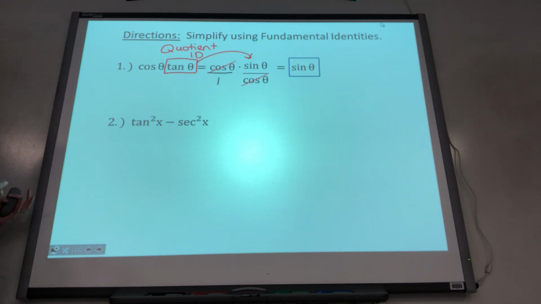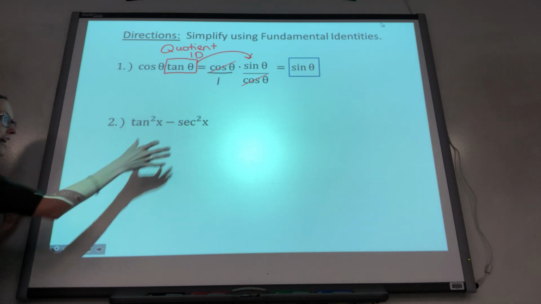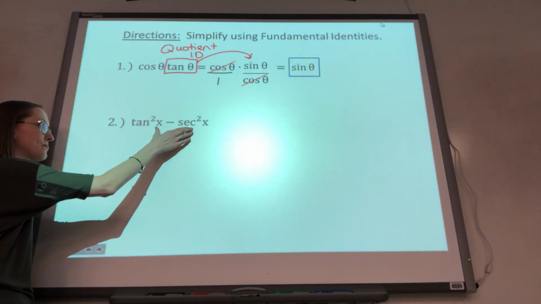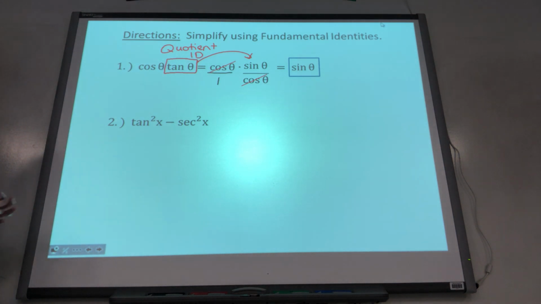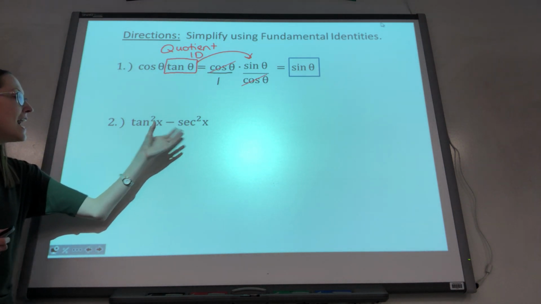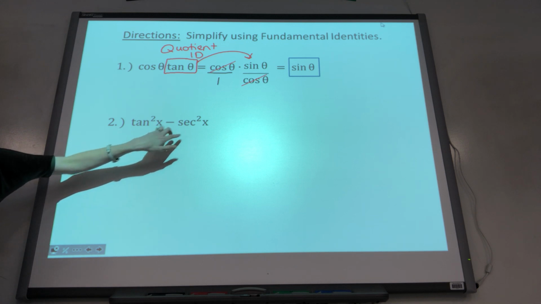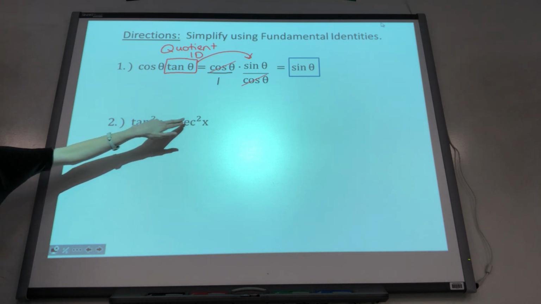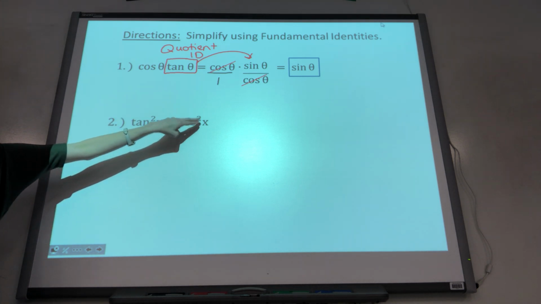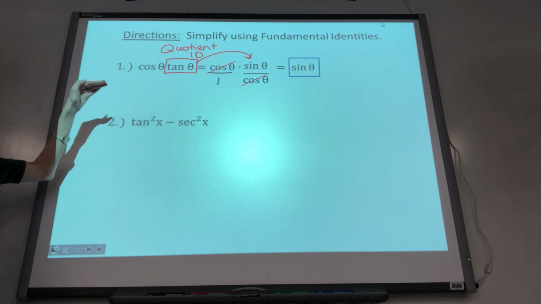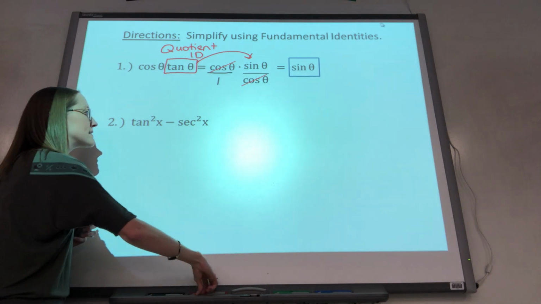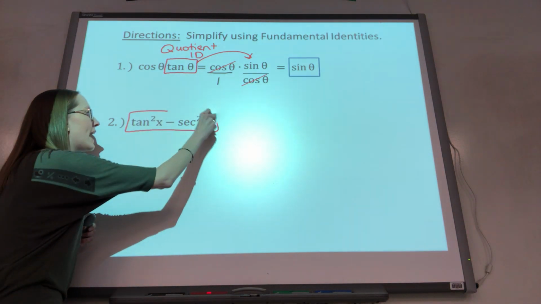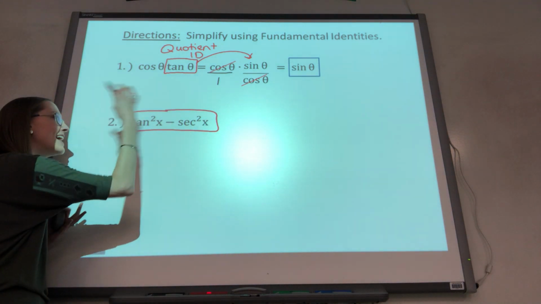So let me kind of explain what else I'm thinking about this problem. I'm trying to give you key points here, things that you should look for. I'm noticing these trig functions are squared and there is a minus sign involved. Trig function squared with a minus sign.